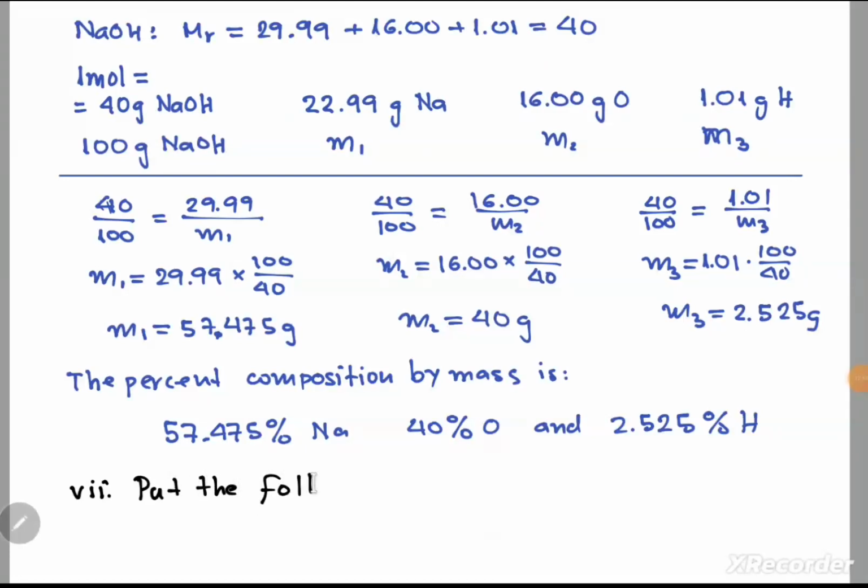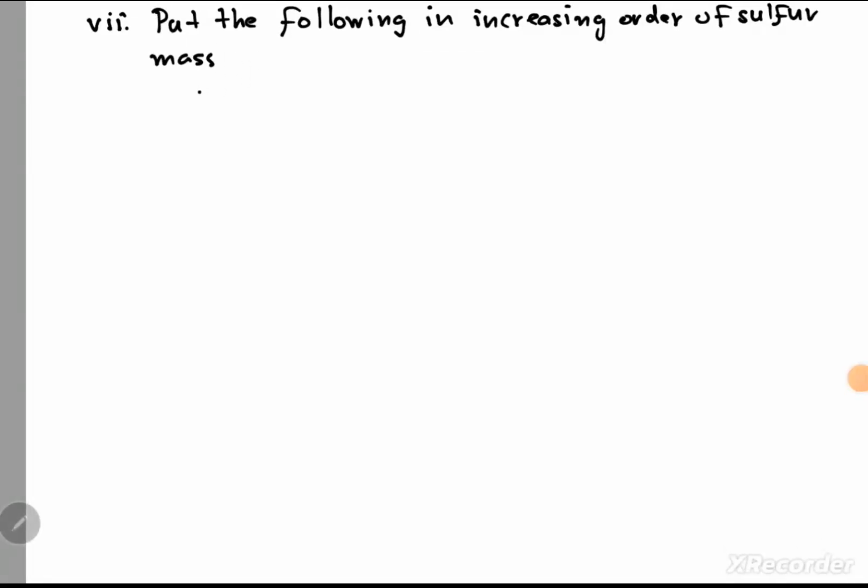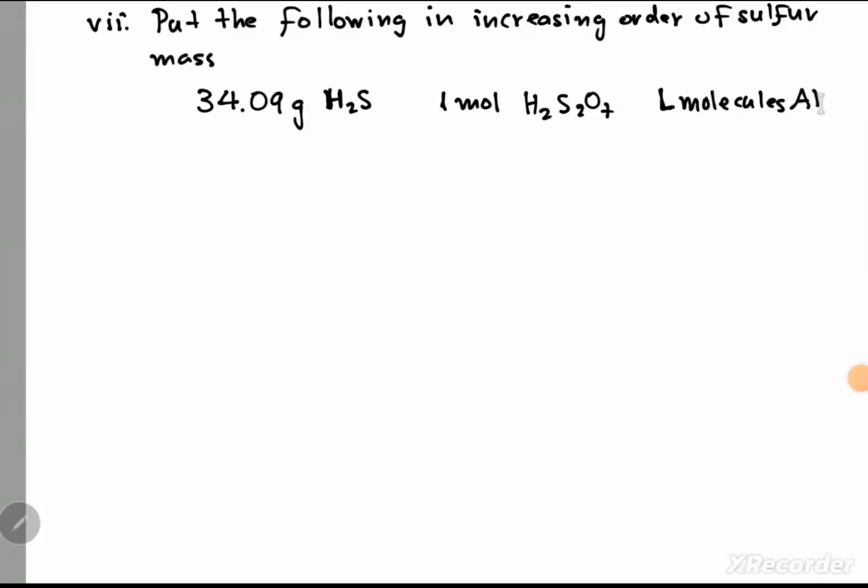Put the following in increasing order of sulfur mass: 34.09 grams of hydrogen 2 sulfur, one mole hydrogen 2 sulfur 2 oxygen 7, and L molecules of aluminium 2 sulfur 3.